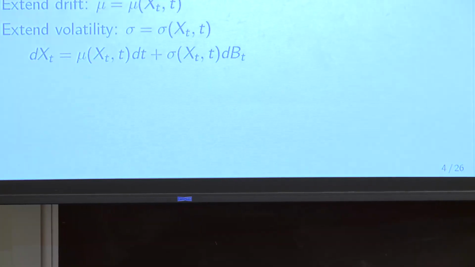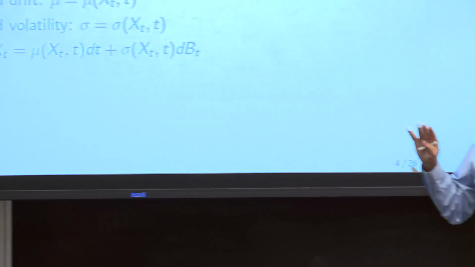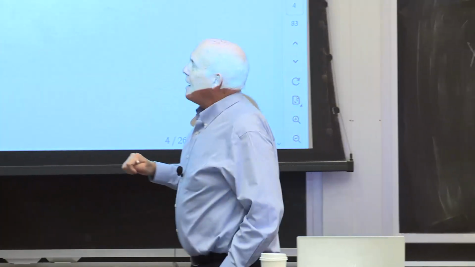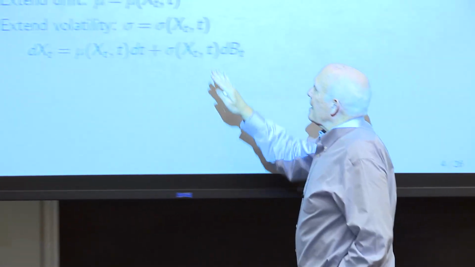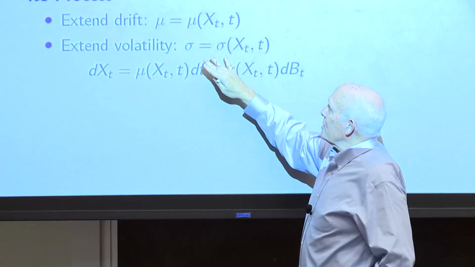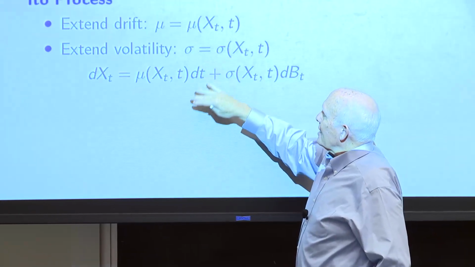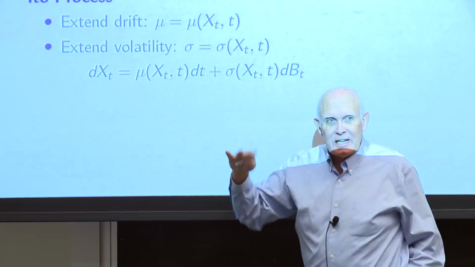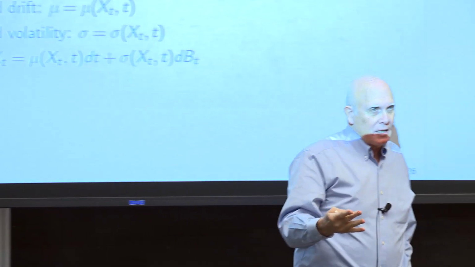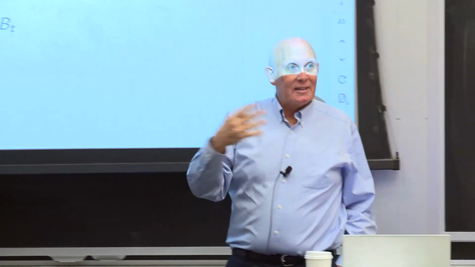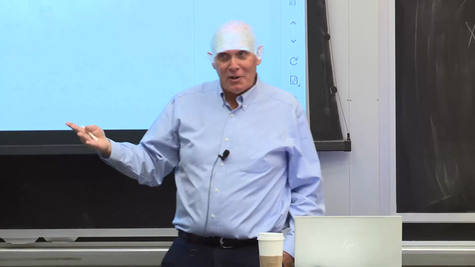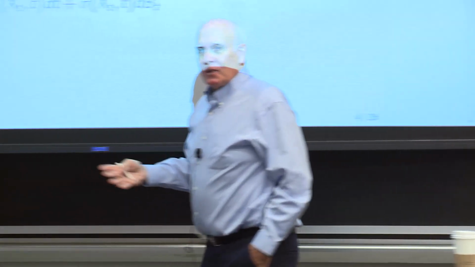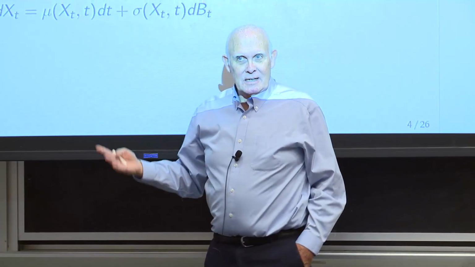And with derivative contracts, we have values of contracts which at any given time depend on time, maybe time to maturity, and the level of the process.